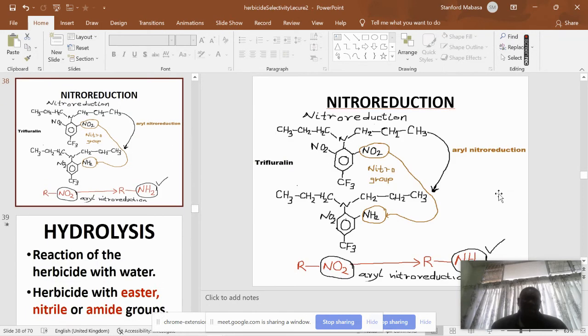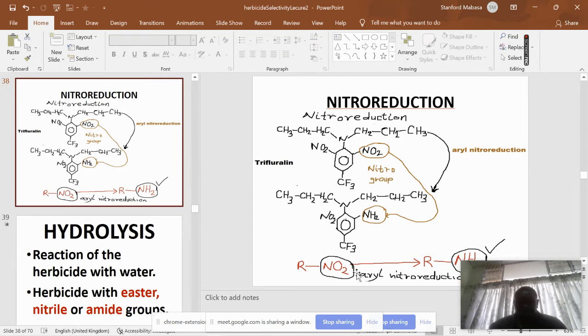If we cite a molecule known as trifluralin, which is this one, which has got this NO2, it can be converted to NH2. And this is a nitro reduction.